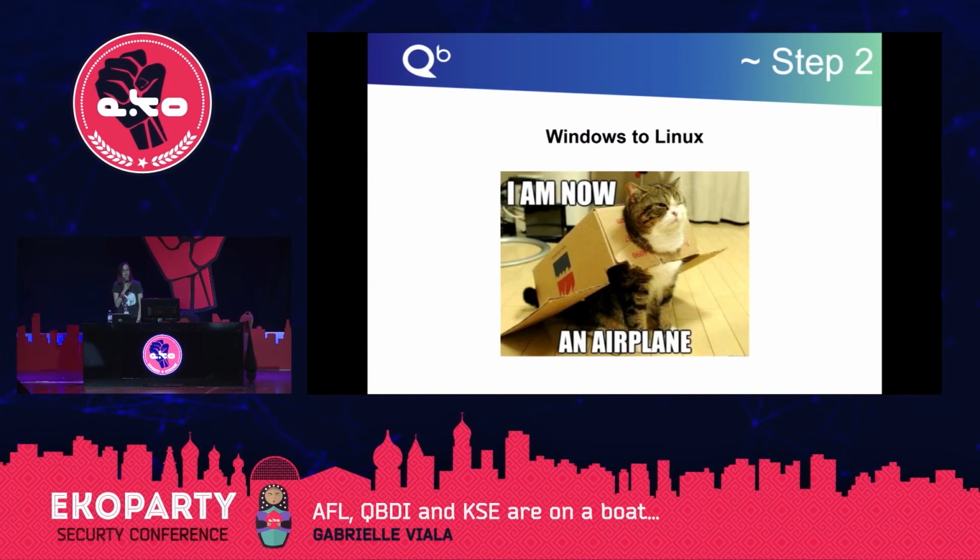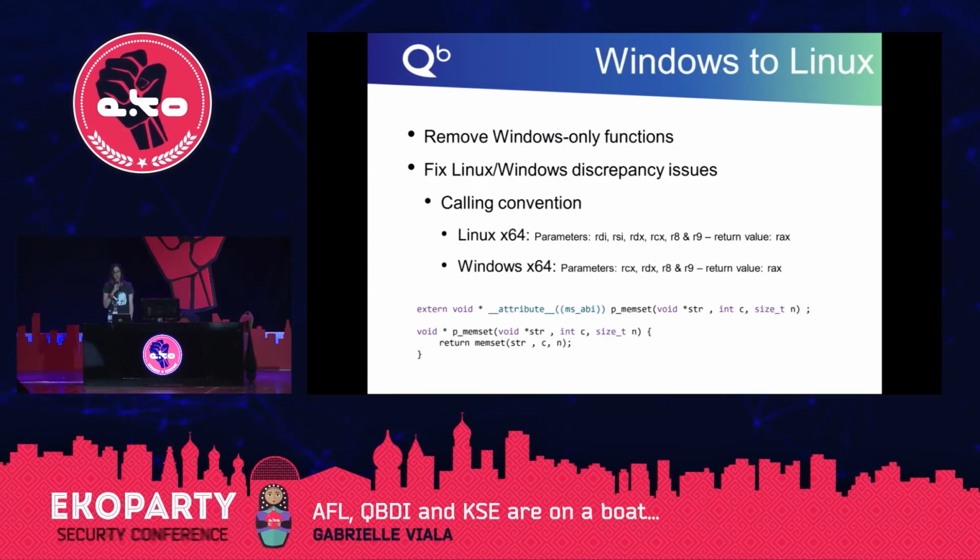Okay, step 2. Porting Windows code to Linux. I was thinking, I'm kind of stupid, so I was thinking, okay, I adapted from kernel to userland, so from Windows to Linux, it's not really hard. Well, yes, it is. In fact, when you finish removing all the Windows-only functions, you just bump into differences between Linux and Windows that are quite painful to handle.